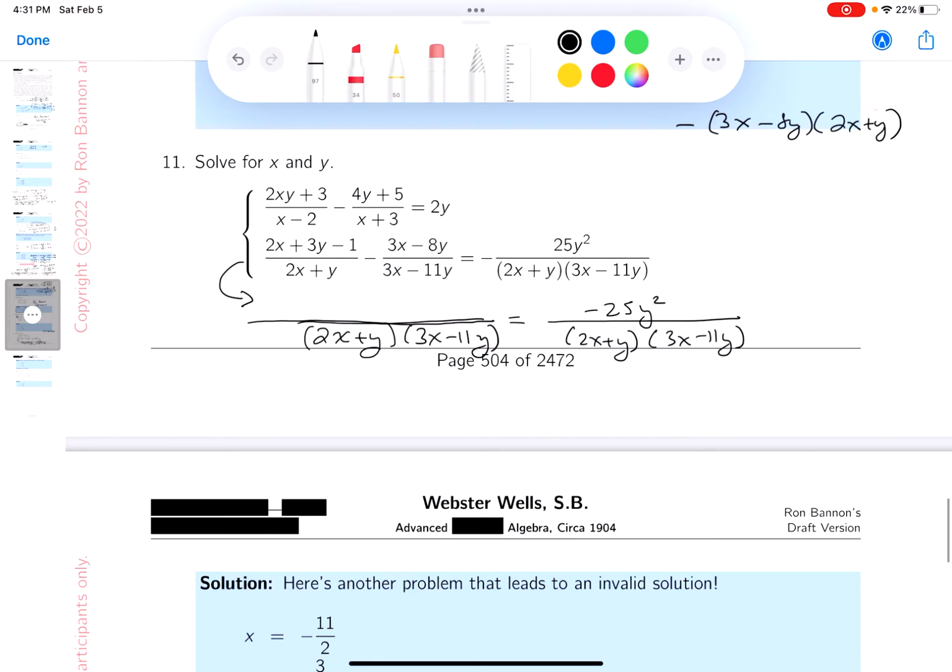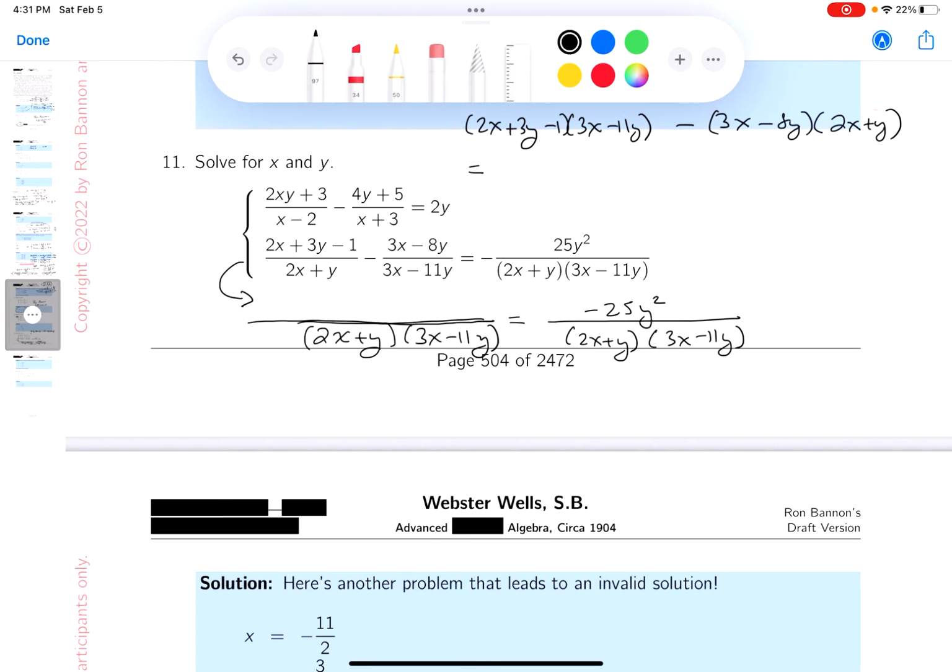And what else do I need to do? I need to do 2x plus 3y minus 1 times 3x minus 11y. Let me just see if I did that right. 2x plus 3y minus 1, 3x minus 11y. Let's see, 3x minus 8y, 2x plus y. Yeah, all right. Let's put this down.